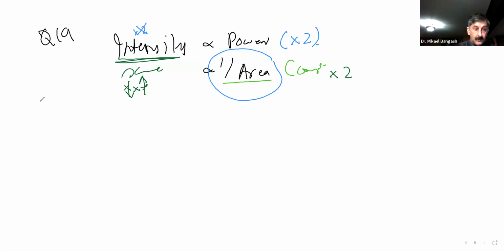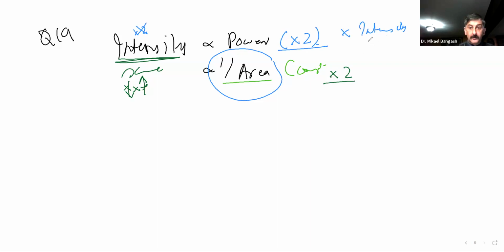What happened here was that doubling the power would have doubled the intensity. But at the same time, we also doubled the area.